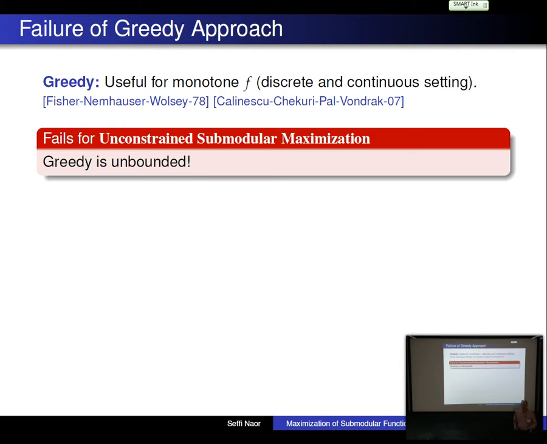One approach that has been very useful for getting approximation algorithms for submodular functions is the greedy algorithm. Now, greedy algorithm is very useful for monotone functions, not so much for non-monotone. So what is the hard instance? Because the hard instance can't be max cut because you learn the graph.